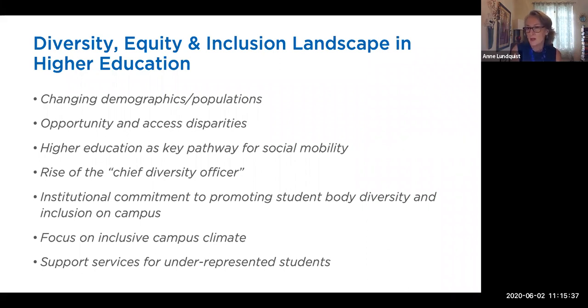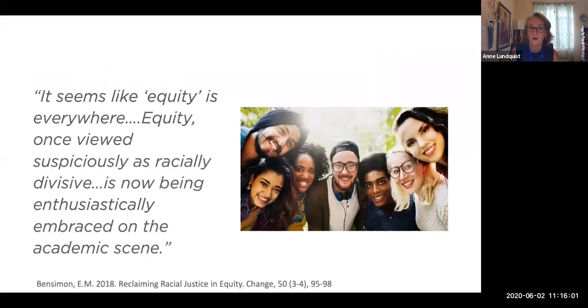As Gavin mentioned, there's been, in a good way, the rise of the chief diversity officer, so increased focus and awareness and attention. At the same time, we know that some of the systemic issues on our campuses, the policies and procedures, we have not changed. So those structures are still there. There's a lot of work to be done around inclusive campus climate and support services for underrepresented students. So that's the landscape that we're coming into this with.